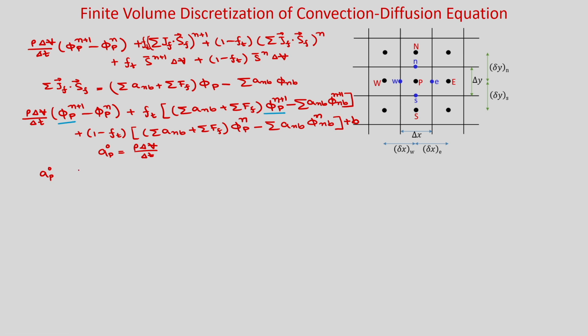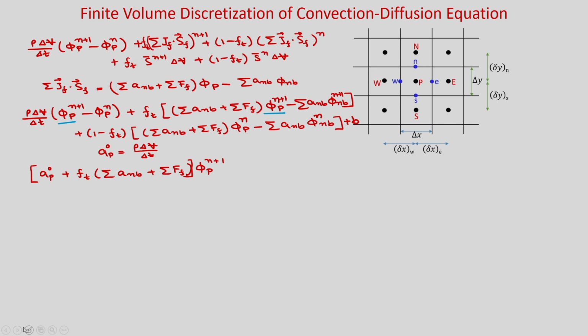So, it will be f t into this, so plus f t summation of a n b plus summation of f f into phi p n plus 1. So, this is the whole bracket. So, this is the coefficient of phi p n plus 1.